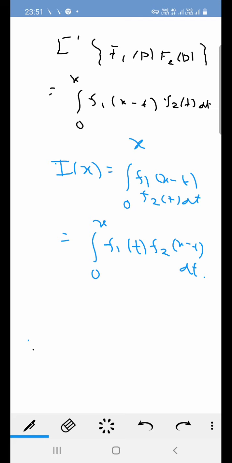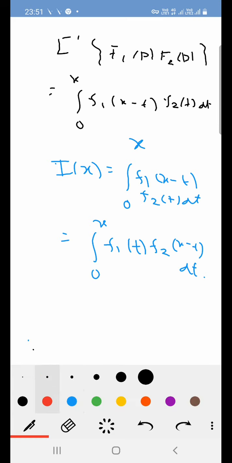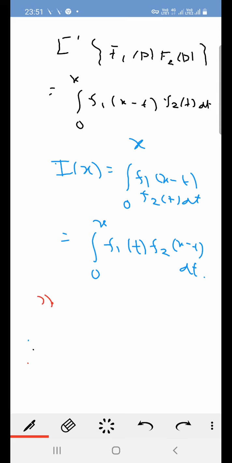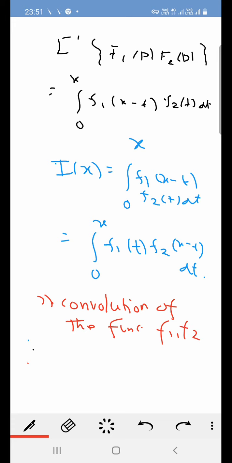So this is actually the convolution of the functions f1 and f2 in the interval 0 to x.